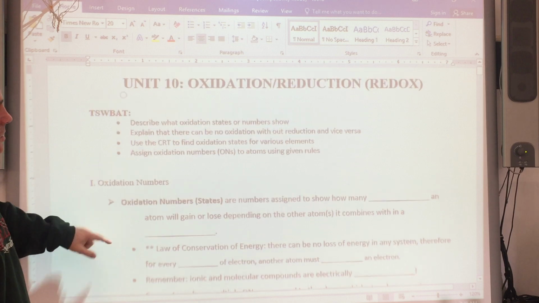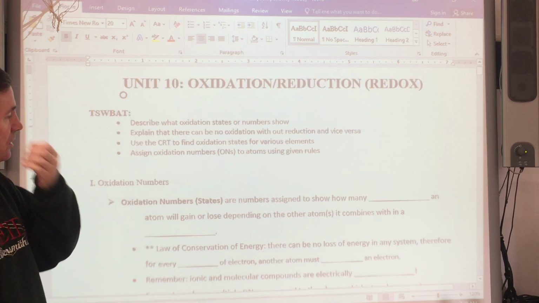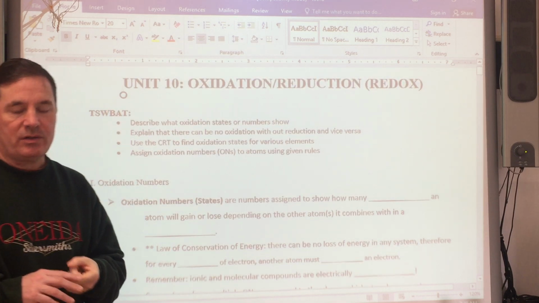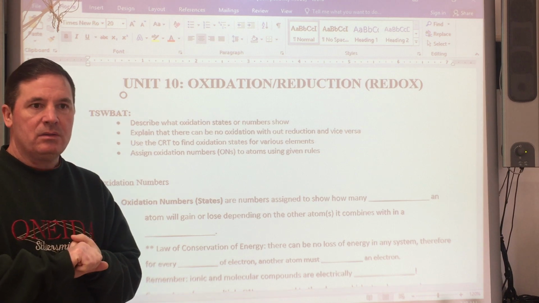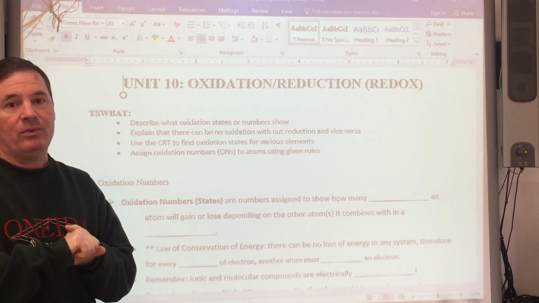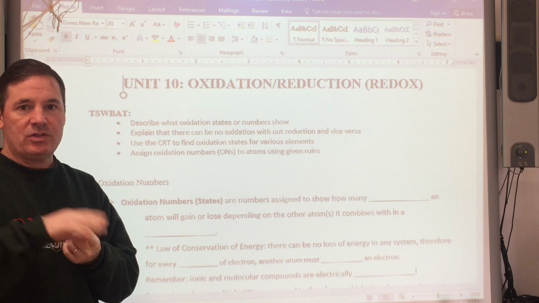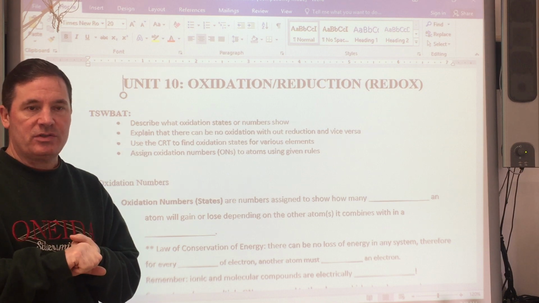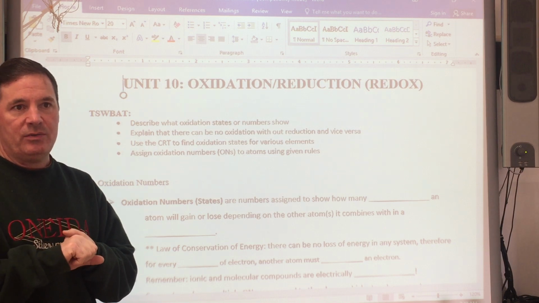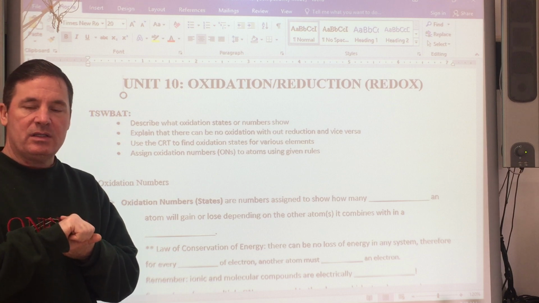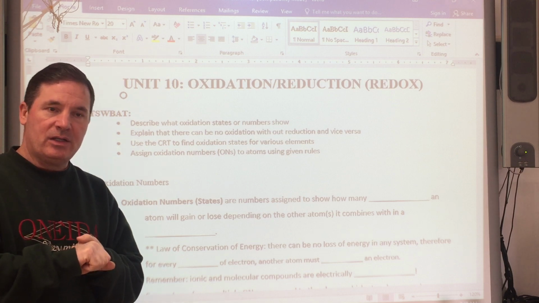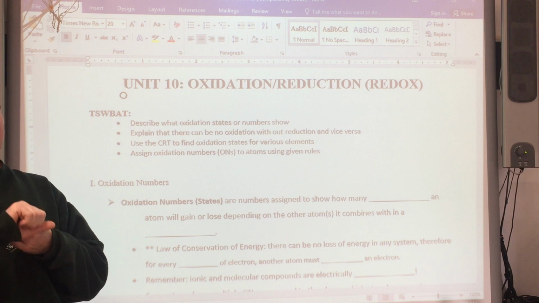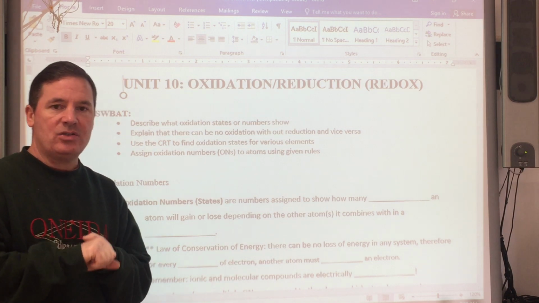So, this unit is really broken into 3 or 4 main parts. The first part, which you have to have down, this is sequential. You have to know the first part first in order to do well on the rest of it. So the first part is reminding yourself and maybe relearning how to assign oxidation numbers.